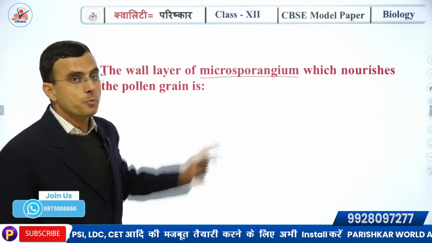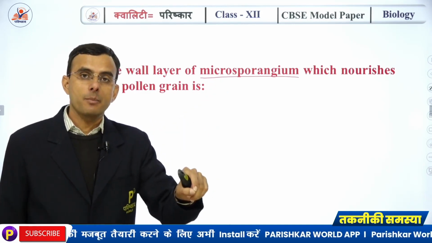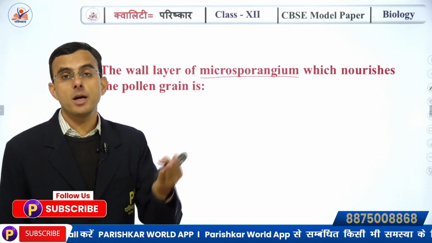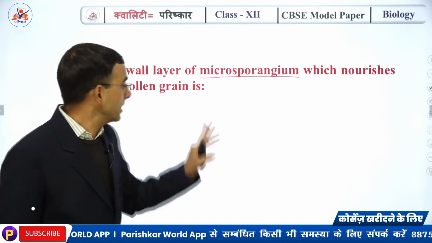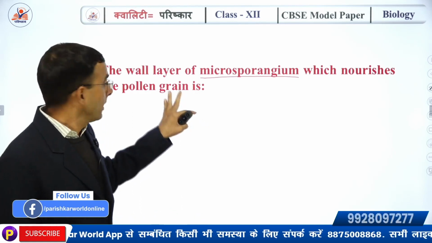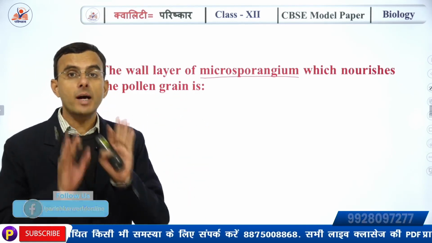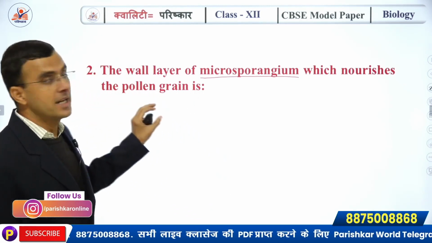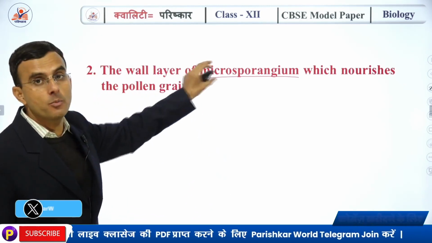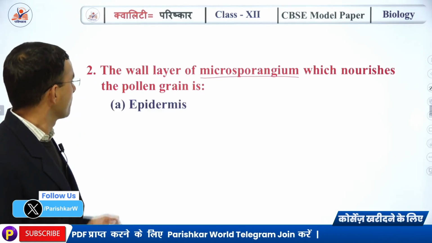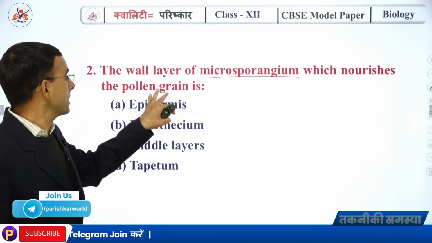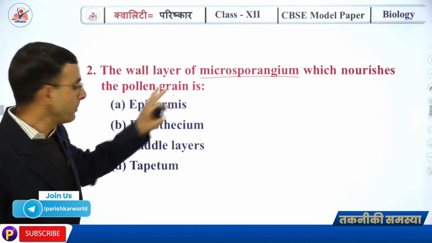In microsporangium, microspores develop, and each microspore later converts into a pollen grain, which is the male gametophyte, developing in situ. So which layer of the microsporangium provides nourishment to the developing male gametophyte? Pollen grain is also known as male gametophyte.